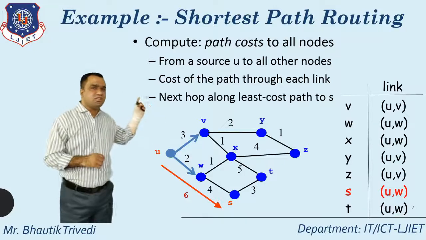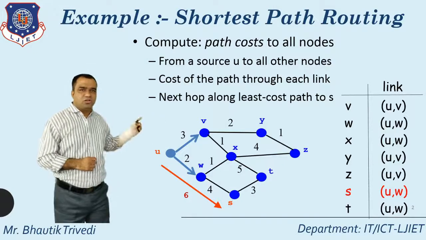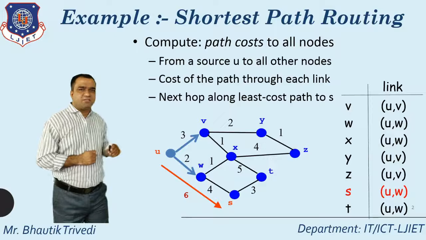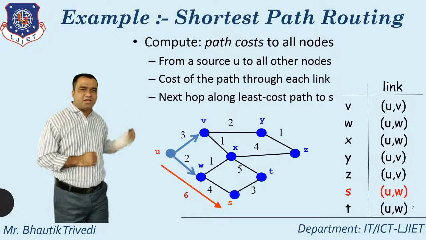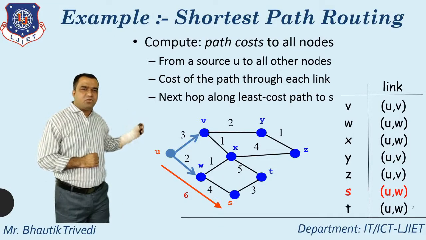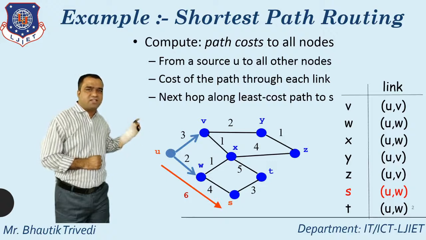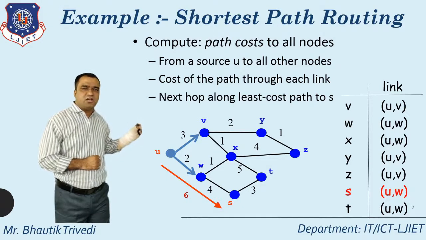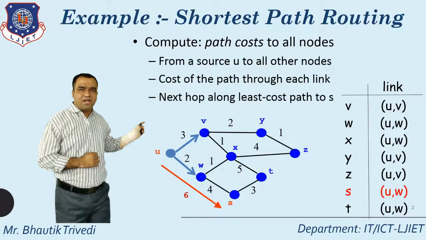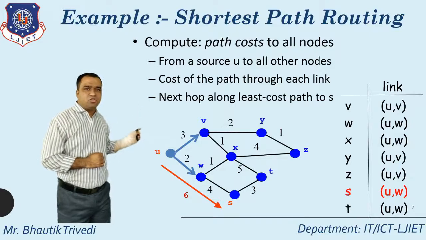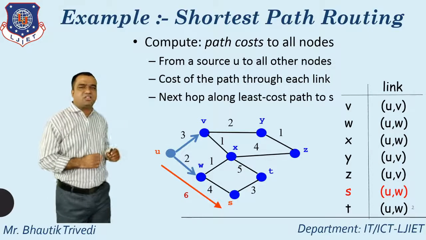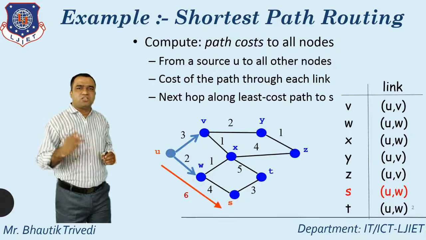Here you just see in this particular table also, U to V is a direct link, U to W is a direct link. But if I want to go from U to X, which one is the next hop? At that time that is W, because U to W and W to X support the costing 3.